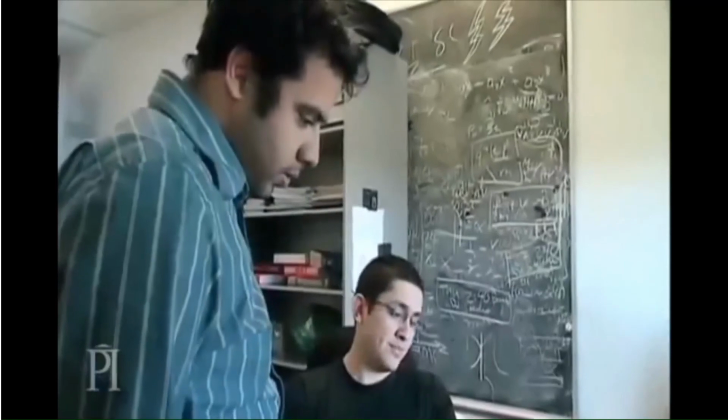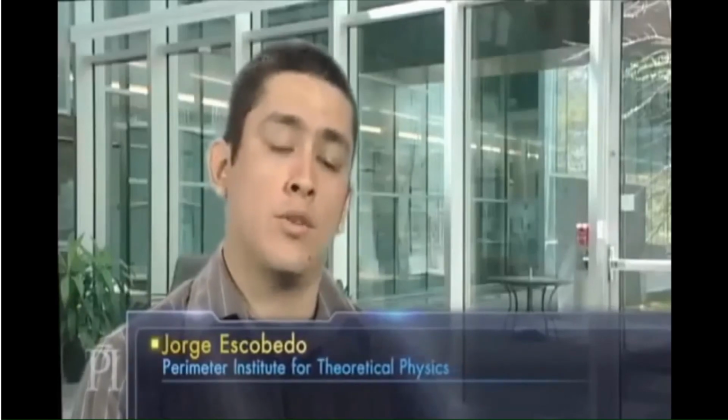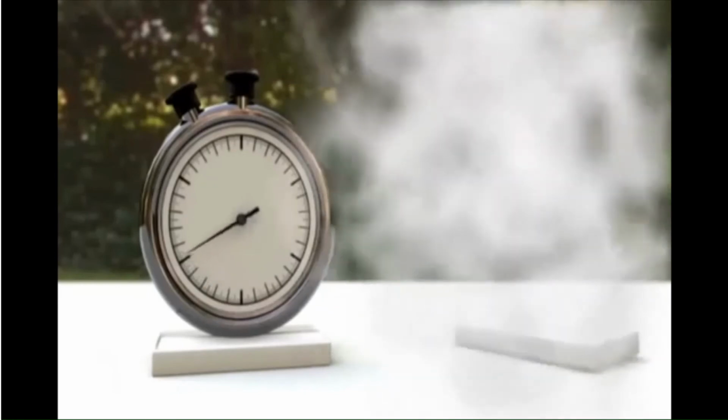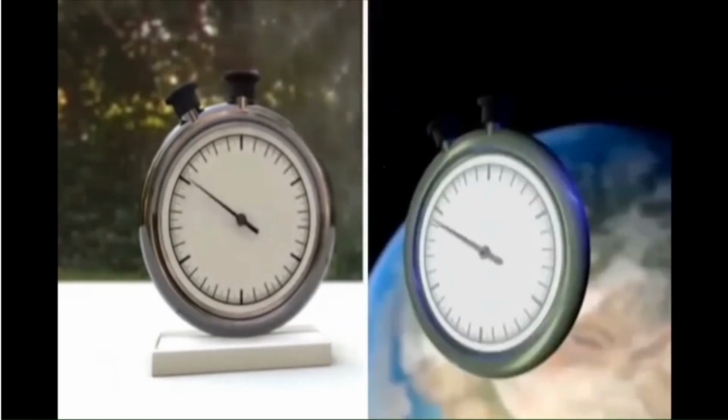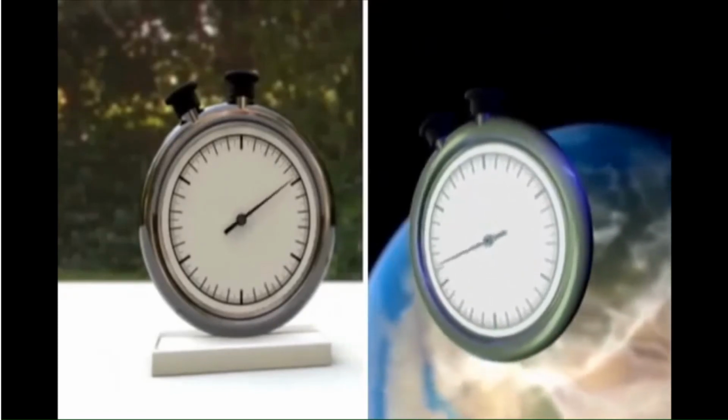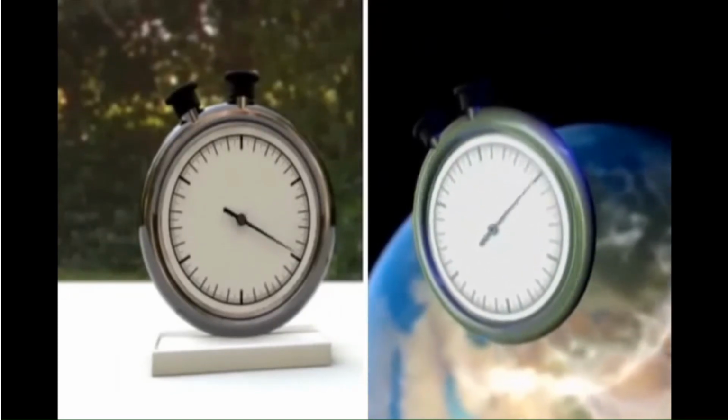After Einstein formulated the theory of special relativity, he went further ahead and proposed his theory of general relativity, which is not only a theory of space-time, but a gravitation theory. Key to Einstein's theory of general relativity is the fact that gravity alters time. Clocks farther away from Earth, where gravity is weaker, run faster than clocks closer to Earth, where gravity is stronger.